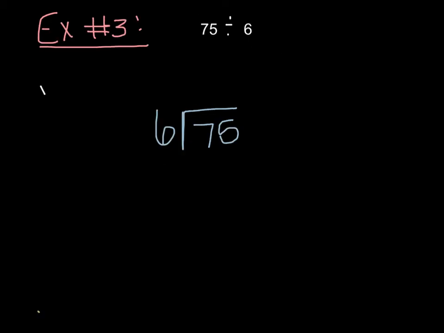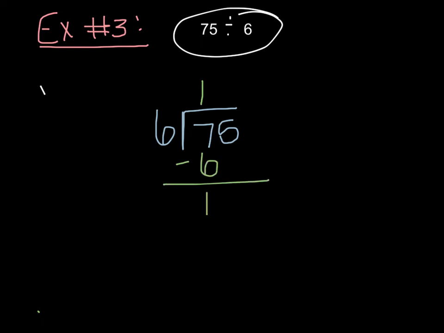Example number 3, and we only have 3 of these today because this is a review. 75 divided by 6. How many times can 6 go into 7? It goes in 1 time. We subtract, and we get 1 left over. Bring down the 5.